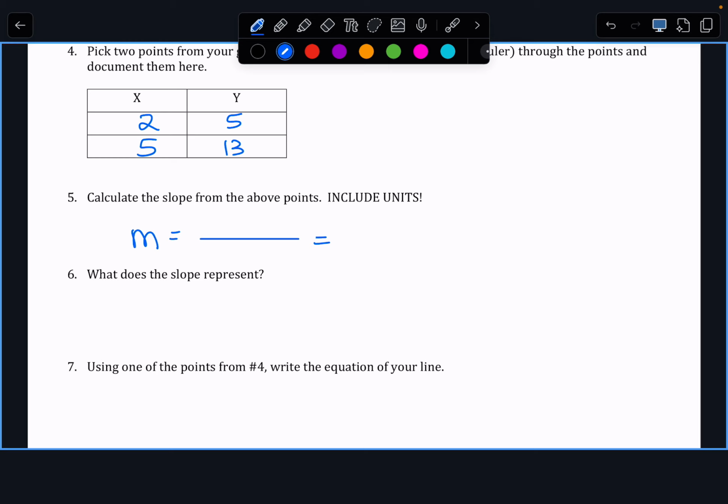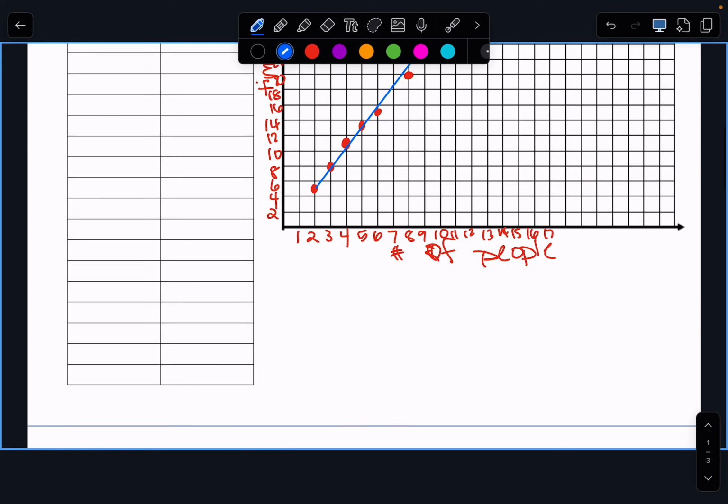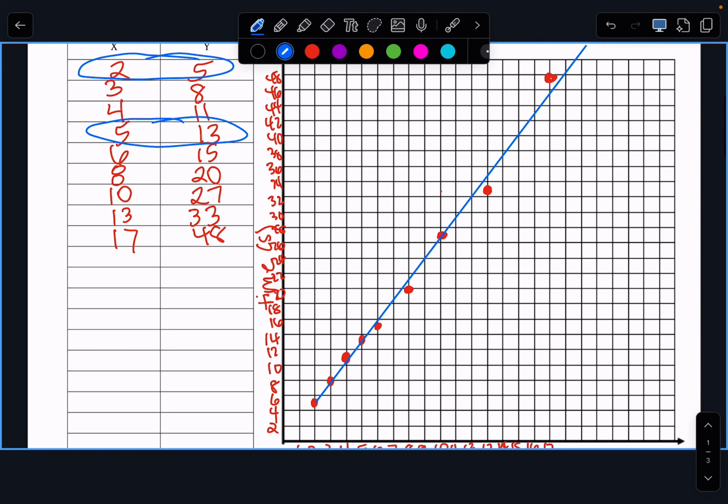Y2 minus Y1. So what does our slope end up being? 8/3. Okay.